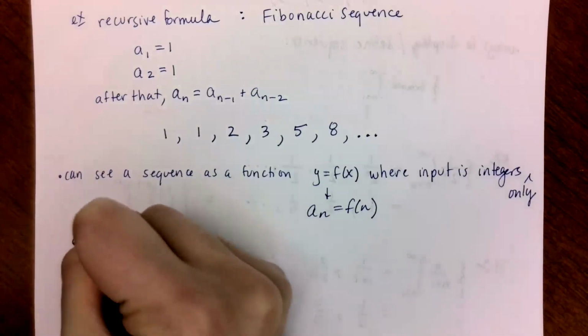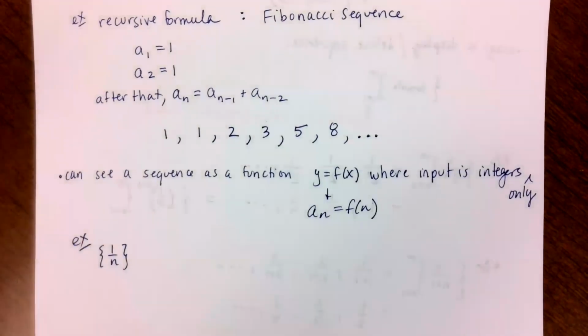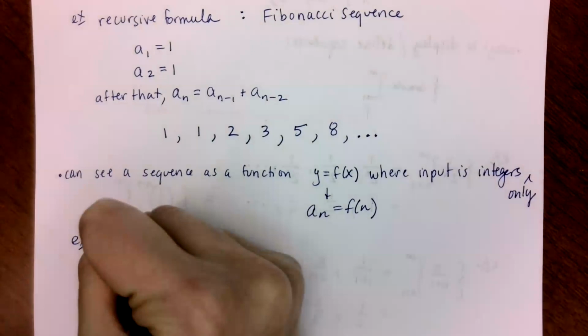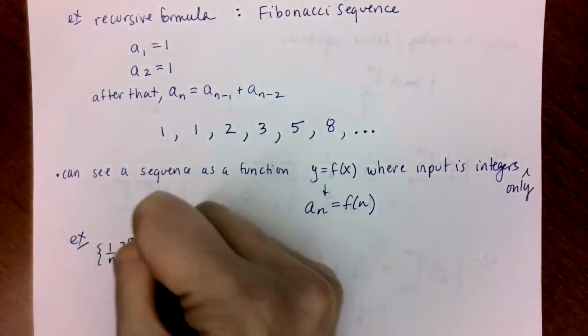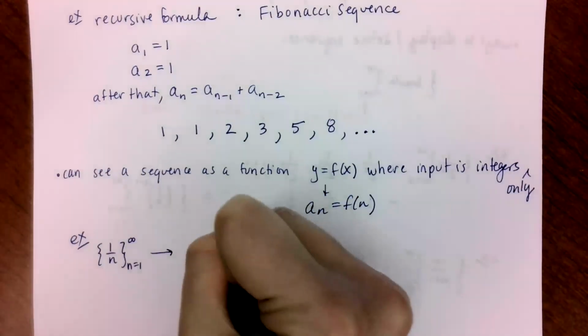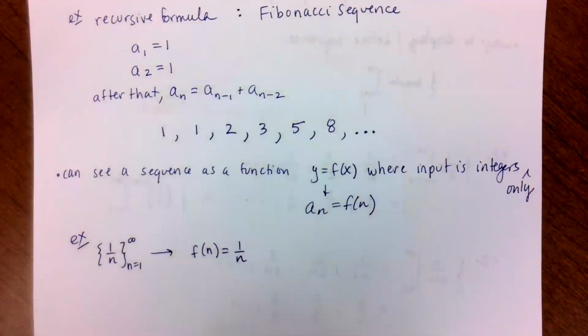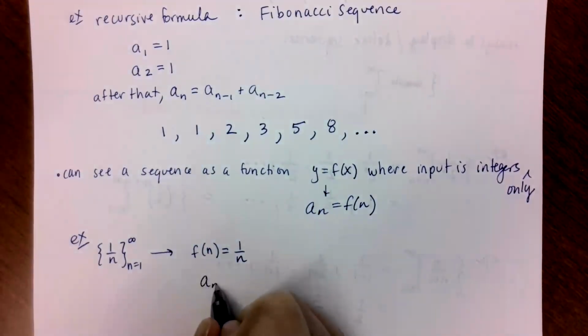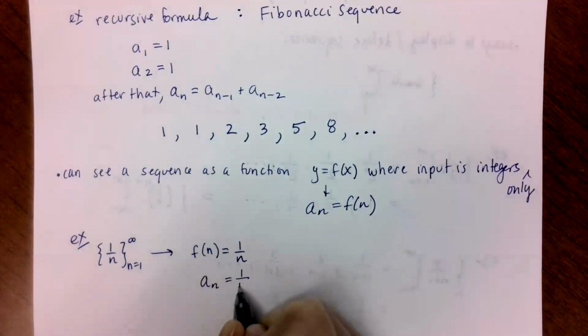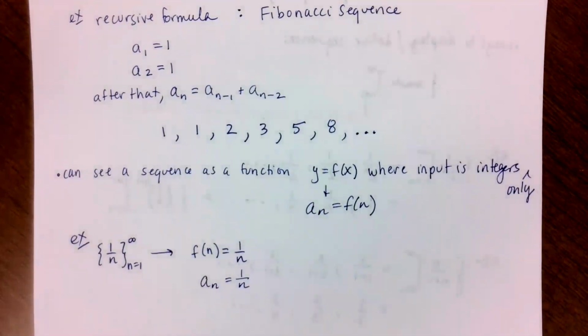So let's say we have the sequence where the formula is 1 over n, and we'll say n starts at 1 and goes to infinity. So if we wanted to write this as a function, we would say, well, f of n equals 1 over n. This is the same thing as saying the formula for a_n, the nth term, is 1 over n.